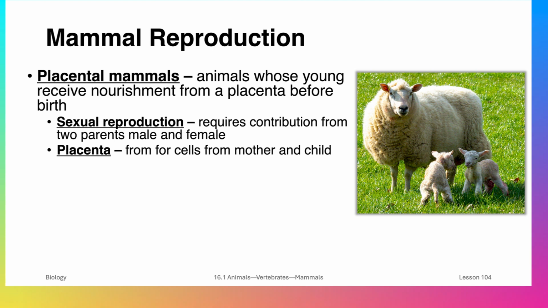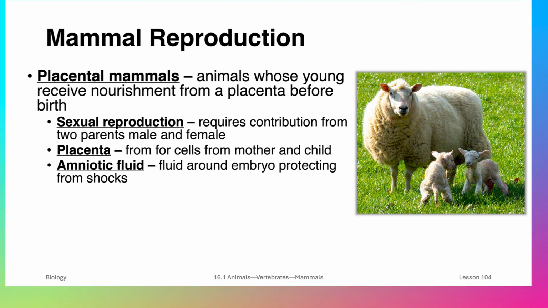The placenta is actually a tissue that's an aggregate formed from both cells from the child as well as cells from the mother. So the placenta is a unique tissue, and the tissue that makes up the placenta actually comes from both the mother and the child. There's a fluid sac in which the embryo rests while it's in utero, and that fluid sac is called the amnion, or the amniotic fluid, and it protects the infant from shock.